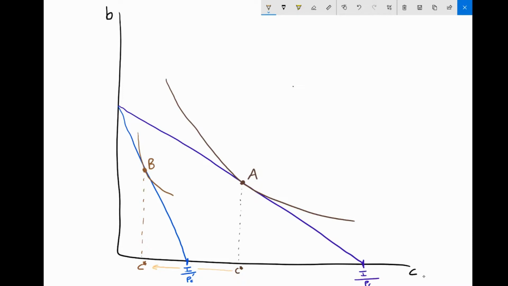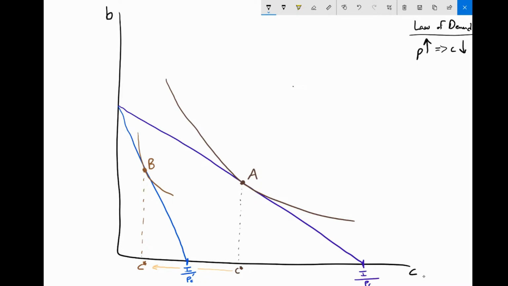All right, so that's the law of demand. We'll just write that over here, law of demand. The law of demand is basically that as price goes up, it implies that demand, so quantity demanded, which we'll note with C, goes down.